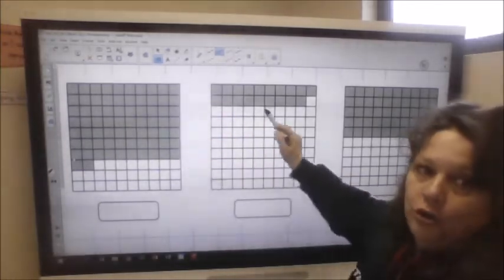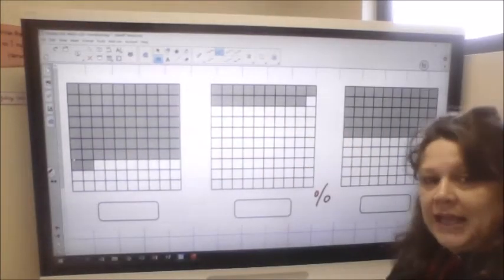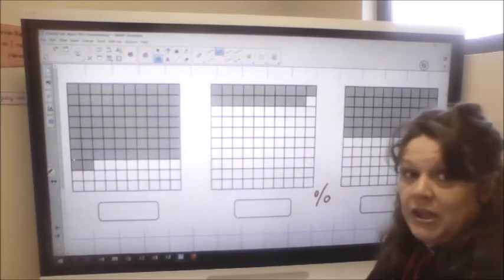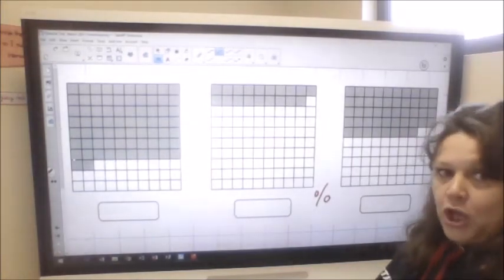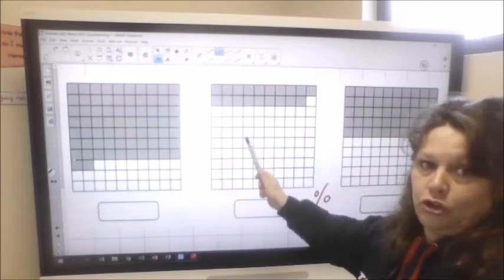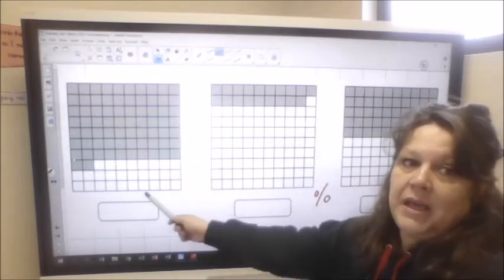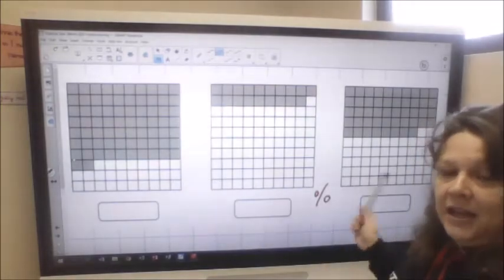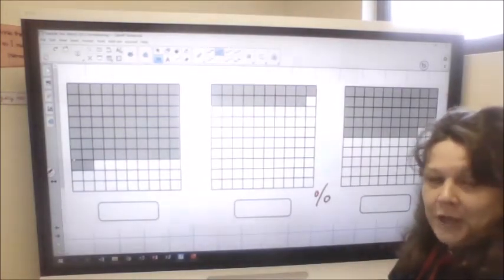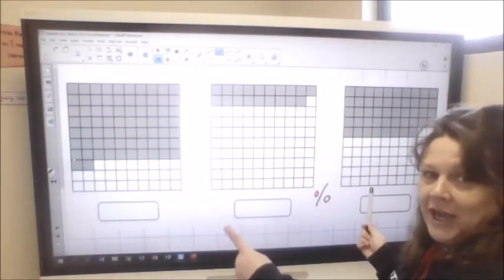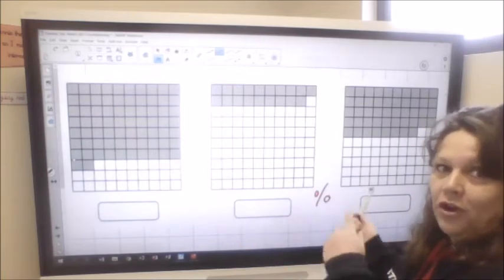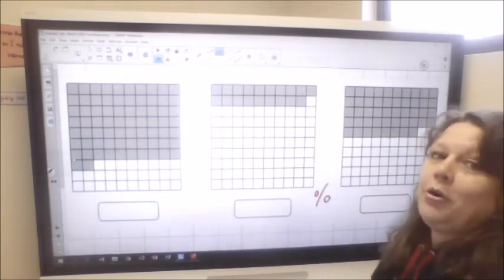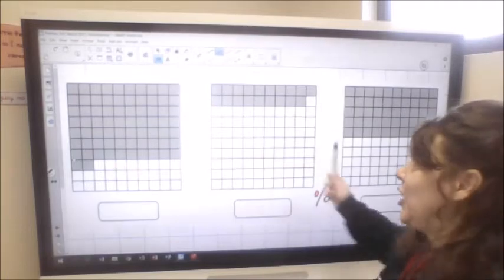We've got 1, 2, 3. In your purple book, underneath the fraction starter, you'll simply write 1, 2, 3, and you'll tell me the percentage that is shaded in on these diagrams. Then we've got some more coming up. So I want you to pause the video and have a go at these 3.